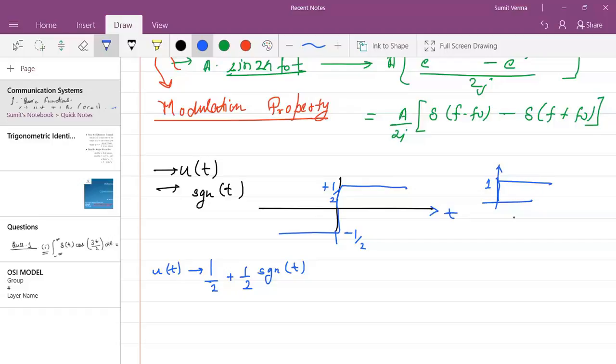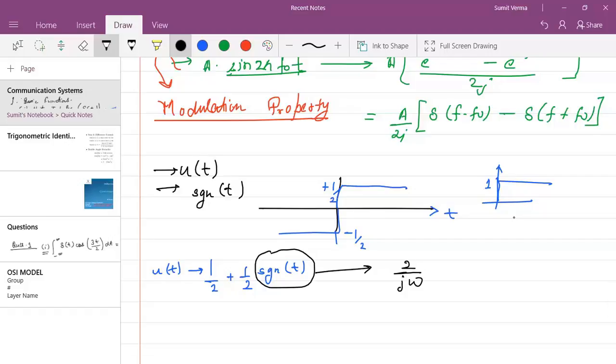Now you will see in signals and systems that this signum of t has a Fourier transform of 2 by j omega. We also get this by the duality property. I'll use it directly here.